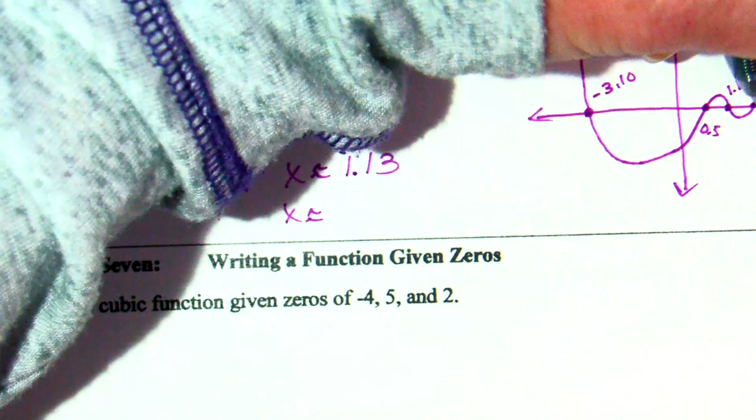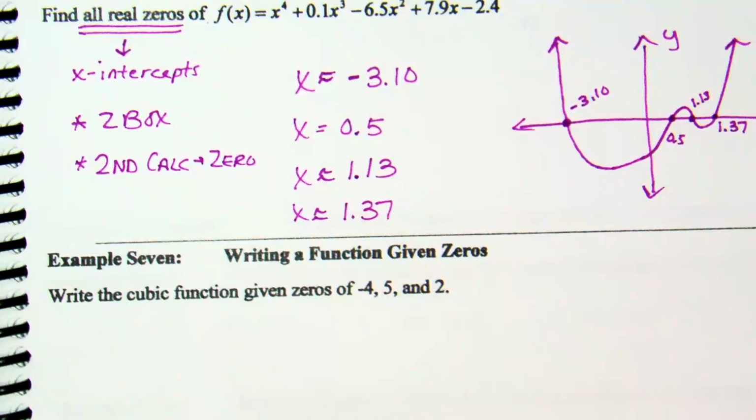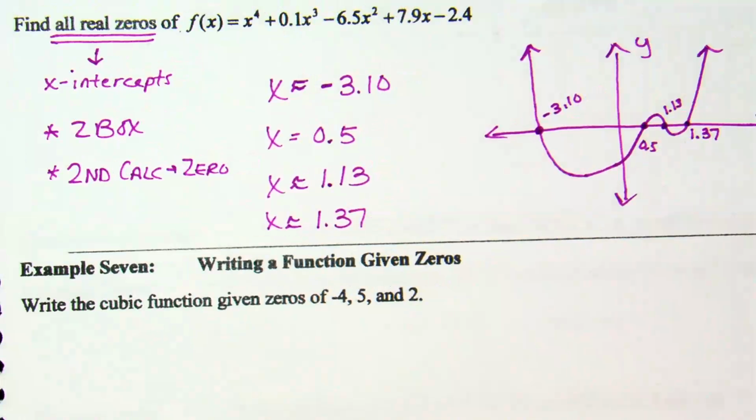1.37. Okay. So what I was doing here is just putting some notes down. I'll leave this up on the screen. First of all, over on the left, I just wrote reminder notes that I use Z-Box here to zoom in and see that section, and then I use second calc 0 to find my zeros. And hey, maybe by this point you guys are getting proficient enough, you don't need those reminders. You know what to do.